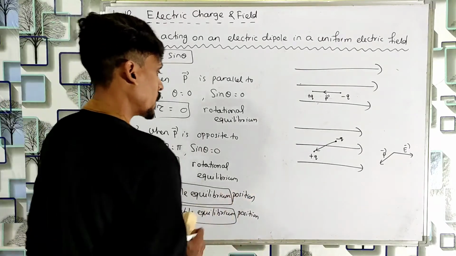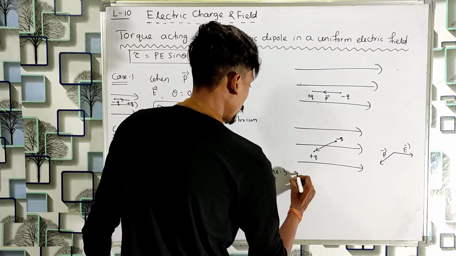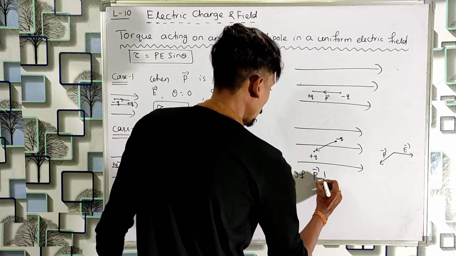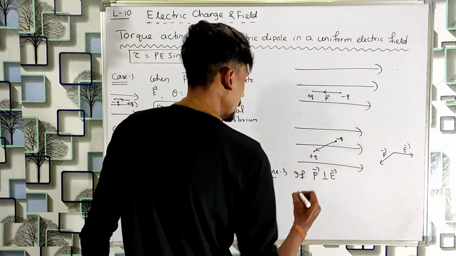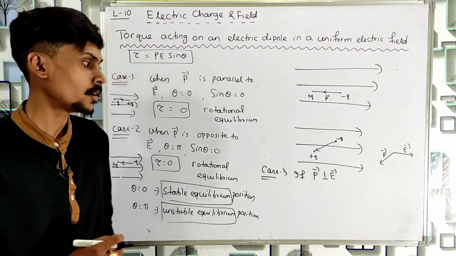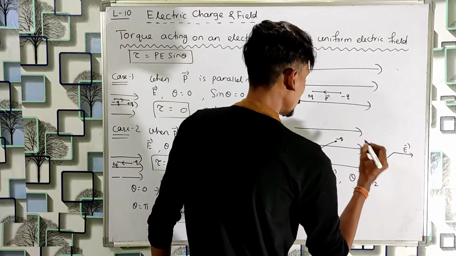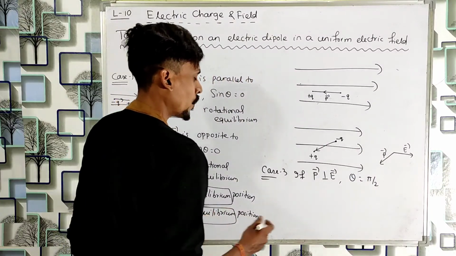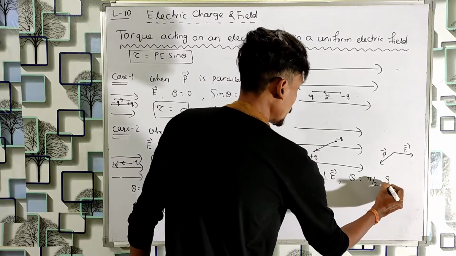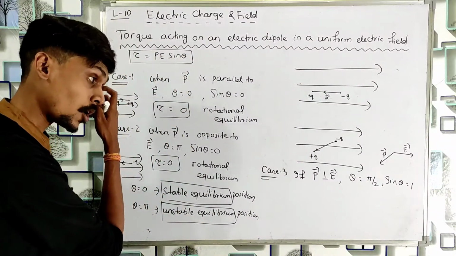Now the third case is case number 3. If p vector is perpendicular to e vector, if the dipole moment is perpendicular to electric field, in that case theta is equal to pi by 2 or 90 degree. And when theta is pi by 2, sin theta has the maximum value, that is 1. So what is the torque?